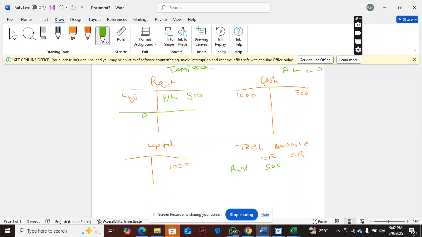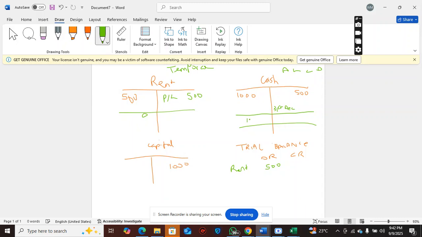Next is the cash, which is a permanent account. From the debit side, 1000, credit side, 500. So at the end of the year, on the lower side, which is the credit side, 31st December, first things first, you put the total amount, the higher amount, on both sides.